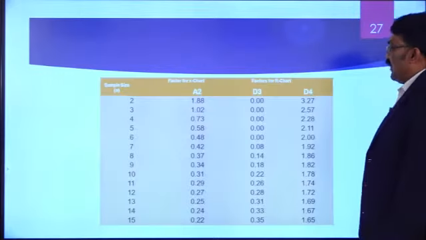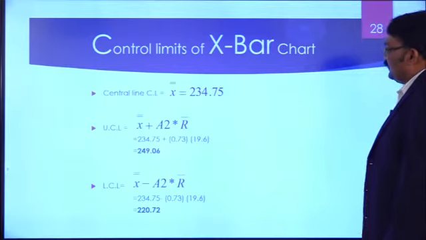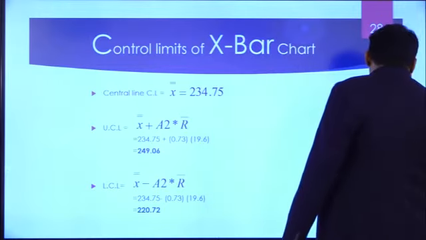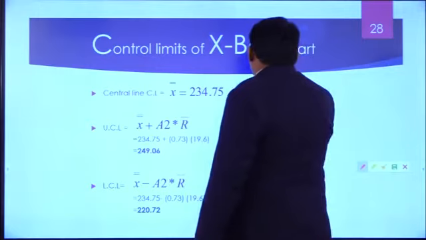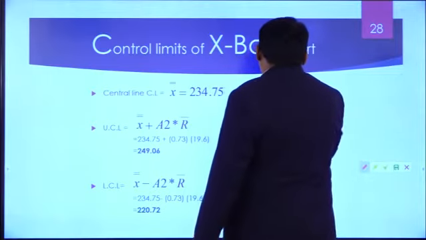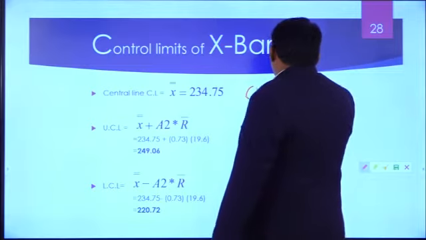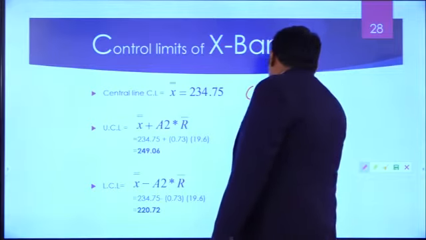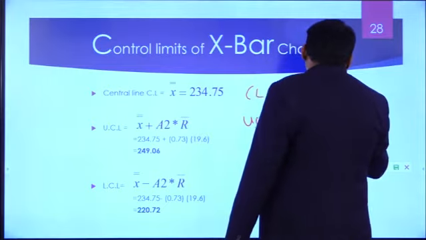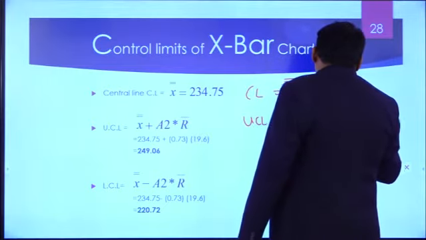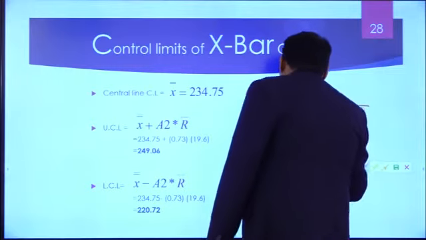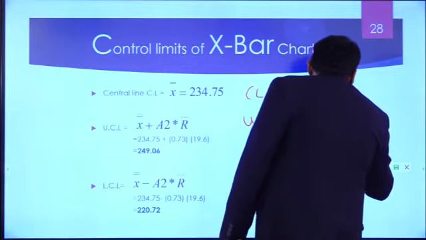The formula for the x bar chart: CL, the central limit, is equal to x double bar, and UCL is equal to x double bar plus the A2 constant multiplied by R bar, and similarly LCL is equal to x double bar minus A2 constant into R bar.